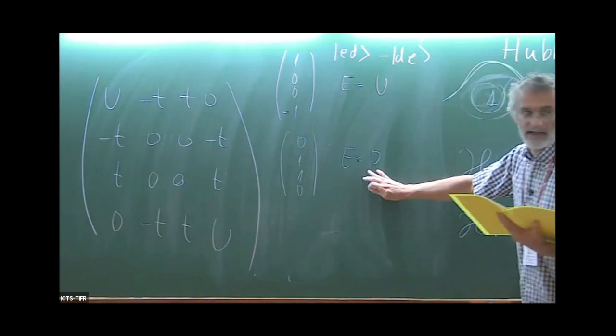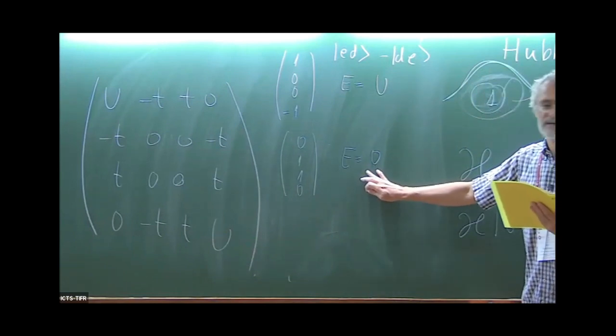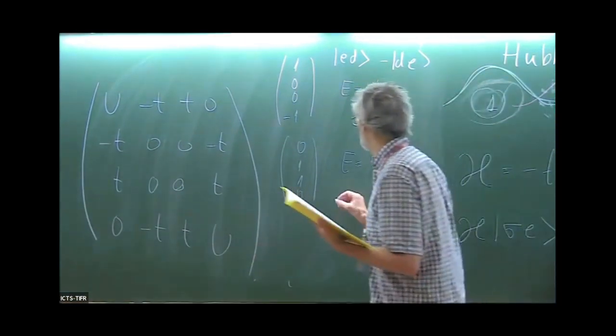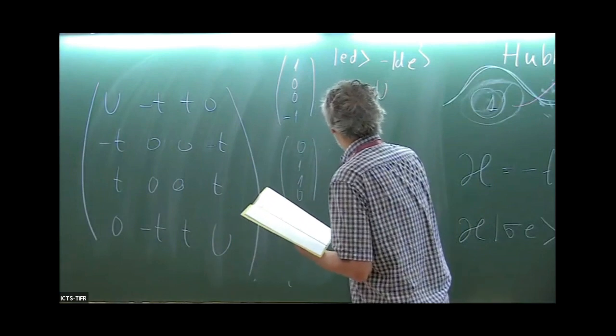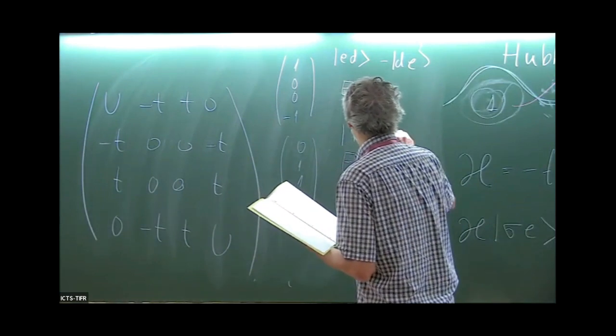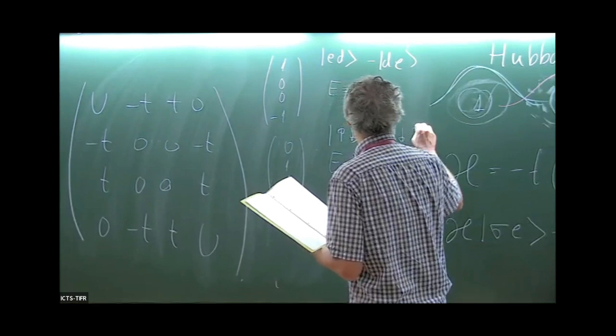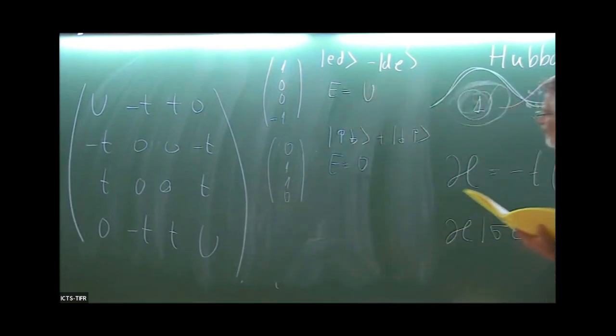So this is an eigenvector with eigenvalue 0, and the corresponding states are up, down, plus, down, up. Very good. And let's stop here for the moment.